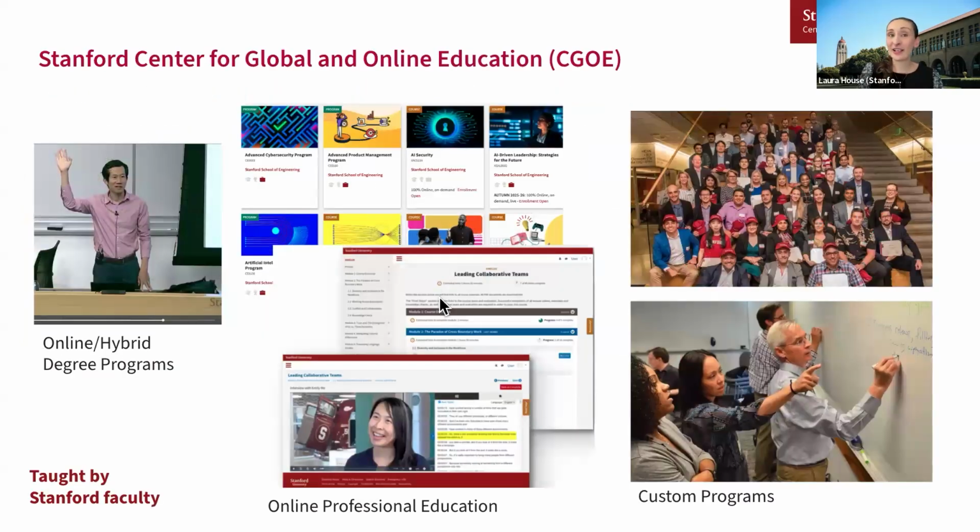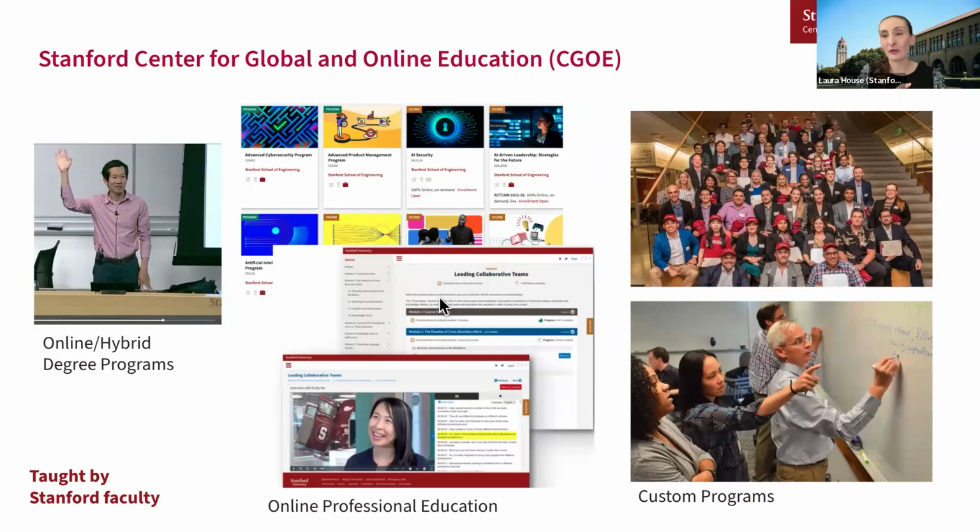We have many different kinds of offerings, ranging from fully online and hybrid degree programs to our online professional education courses and certificates, many of which are self-paced, and our custom programs for organizations that have particular learning needs. All of these programs are taught by Stanford faculty, but they vary a lot in terms of topic and scope.